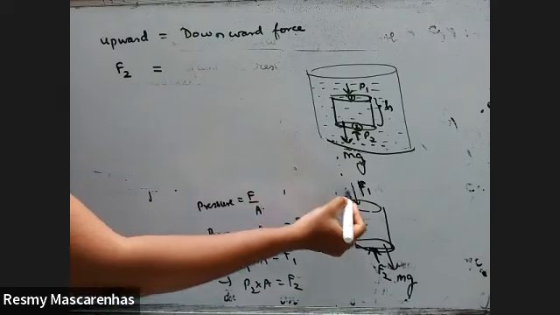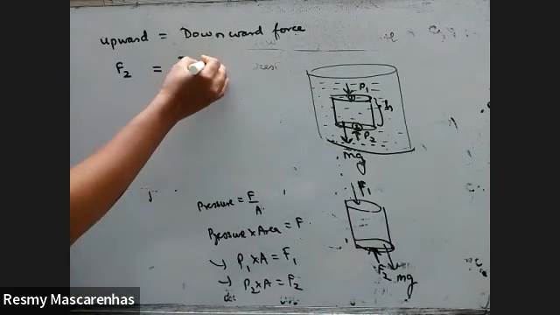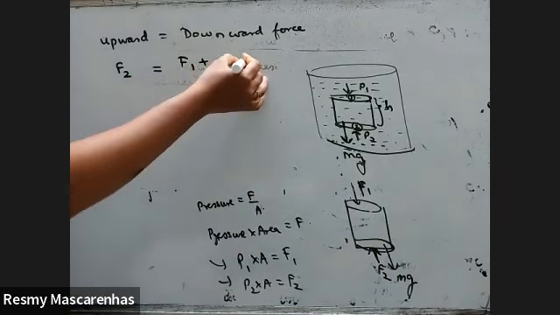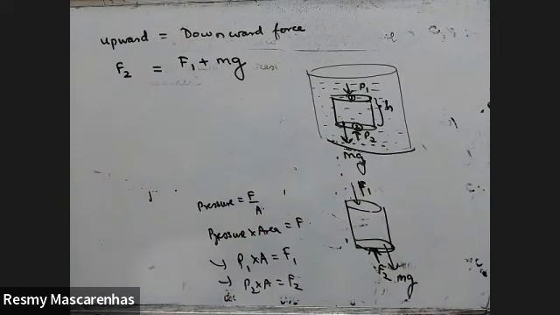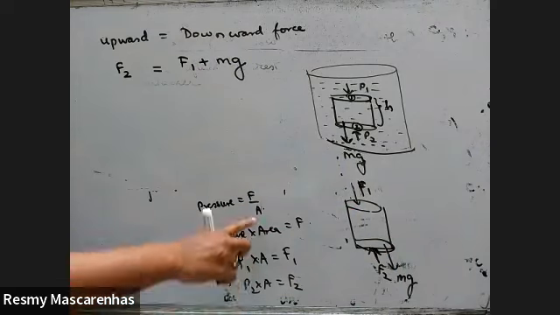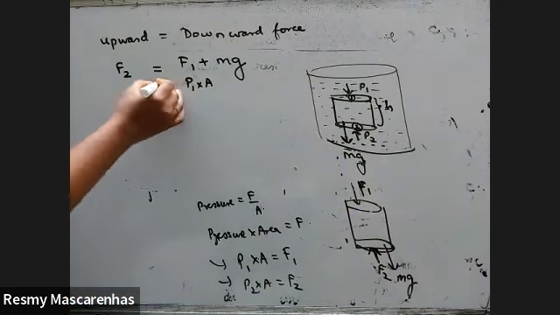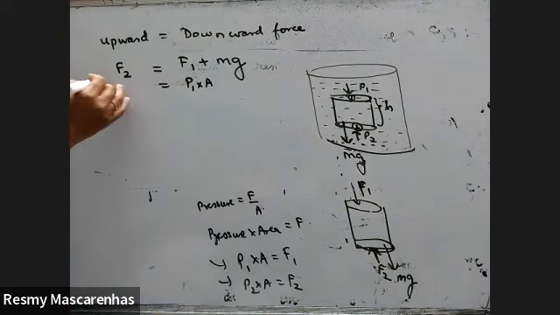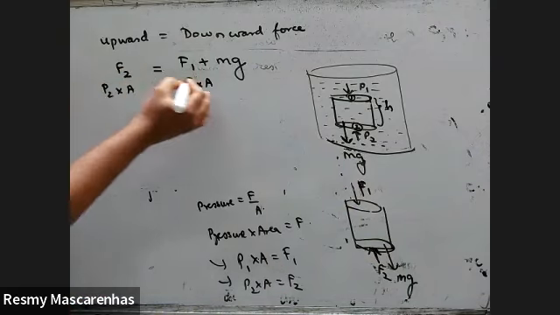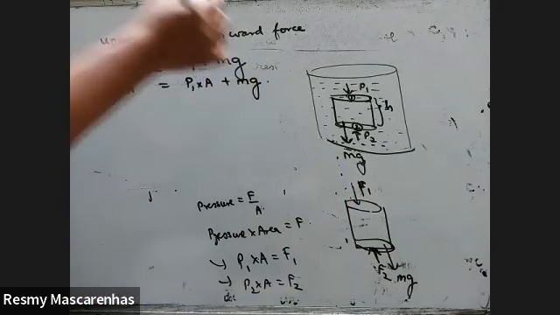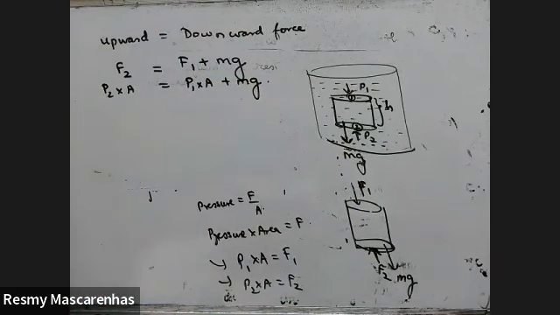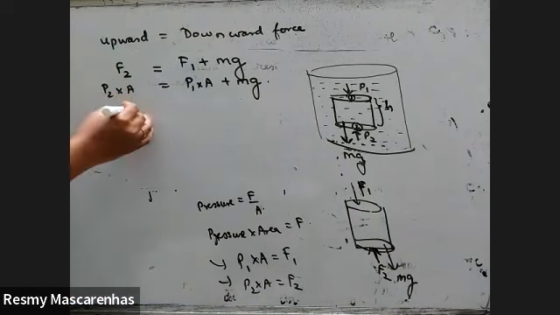In downward forces, there are two of them. This will be F1 plus mg. So what is F1? F1 is P1 into A, and F2 is P2 into A. So I'll bring this on one side.